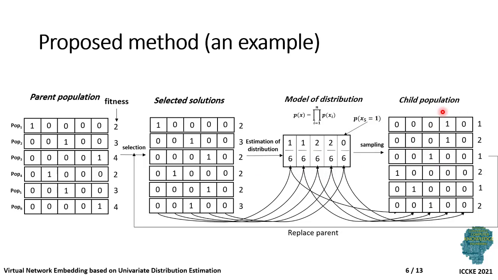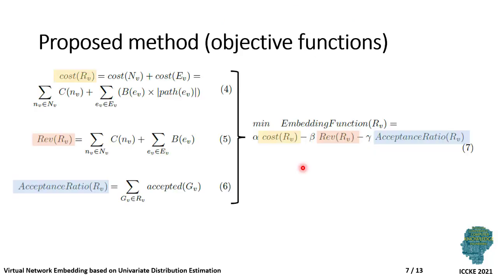And in the next steps, we will use these populations instead of the parent population. And after each step, this distribution model will be nearer to the optimal.